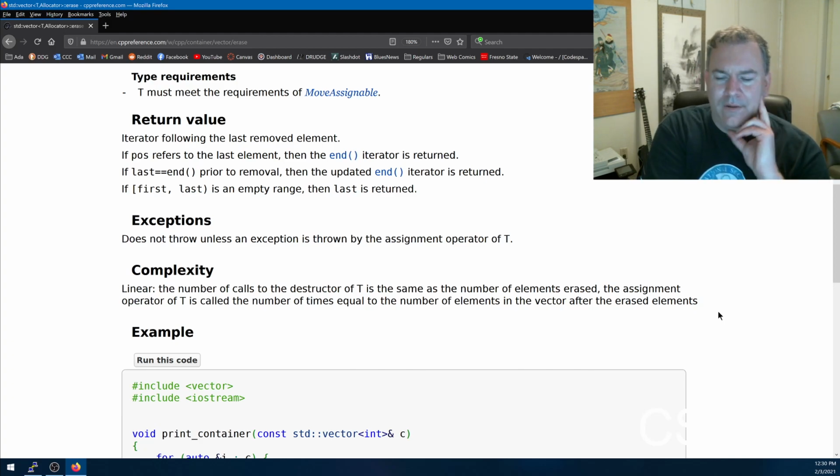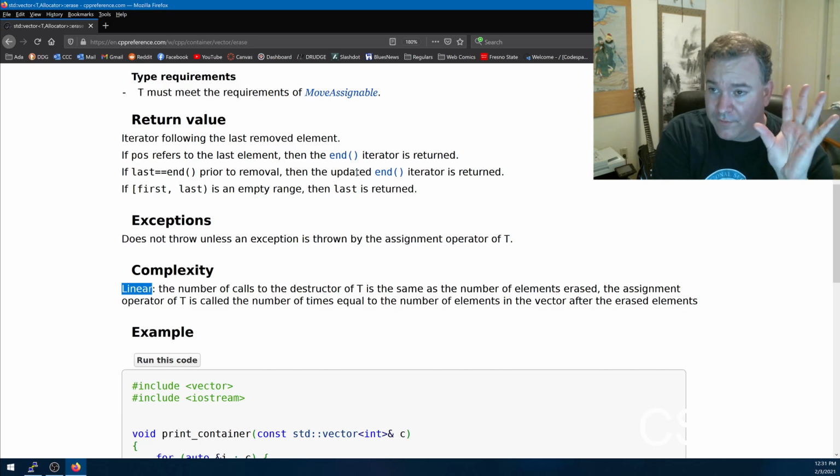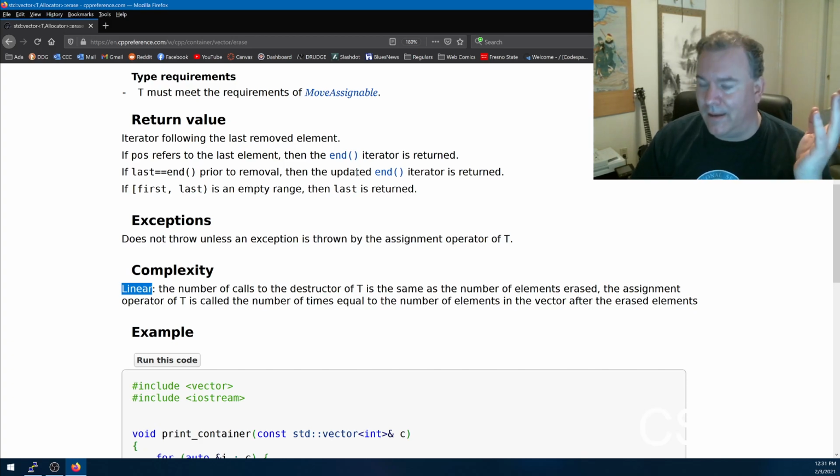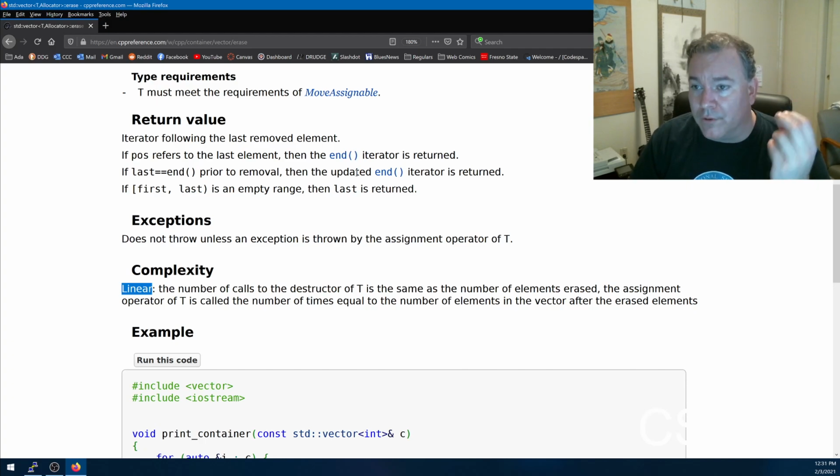What is important, though, is this. When it says linear complexity, what that means is the amount of time it takes to erase something from a vector. Worst case, 99% of the time we think of these as worst case scenarios.